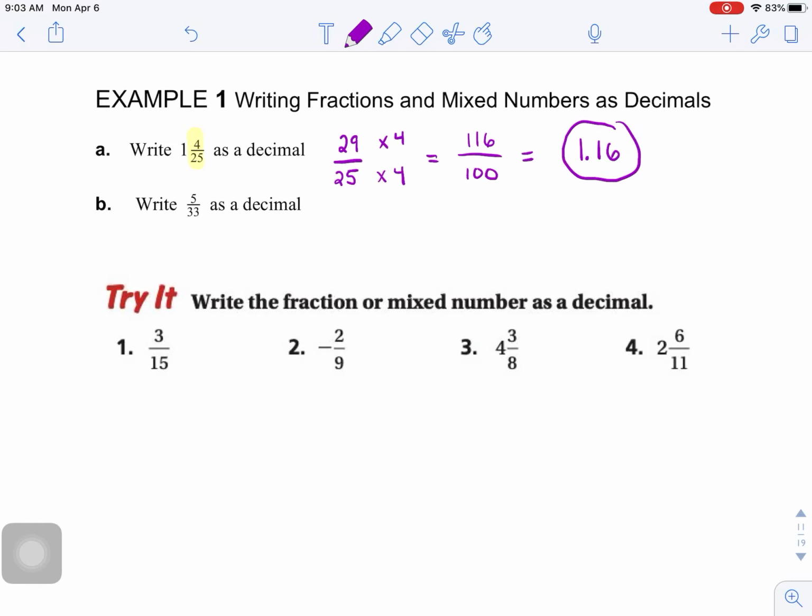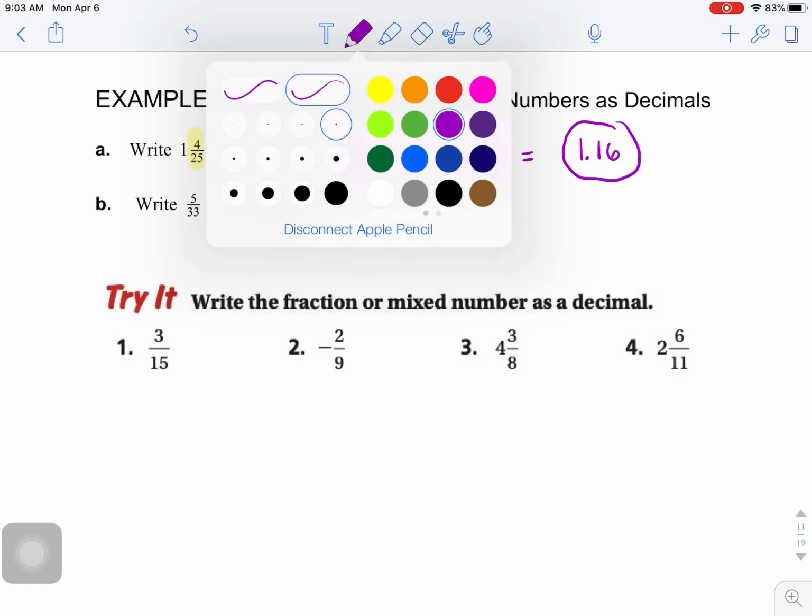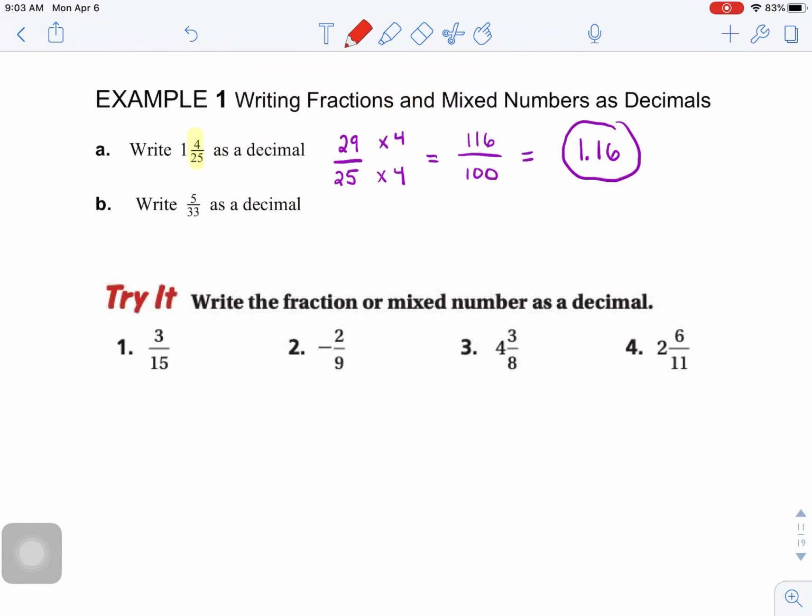For the next problem, write 5 over 33 as a decimal. So this one, I cannot get the denominator to 10 or 100, any power of 10. So for this, I'm going to have to use long division. So remember the top number always goes inside. The 33 goes on the outside. 33 does not go into 5, so I can add my 0 in. 33 goes into 50 once.